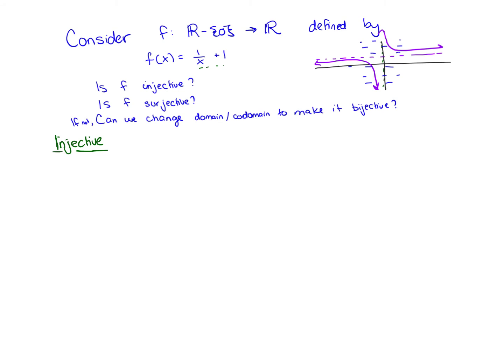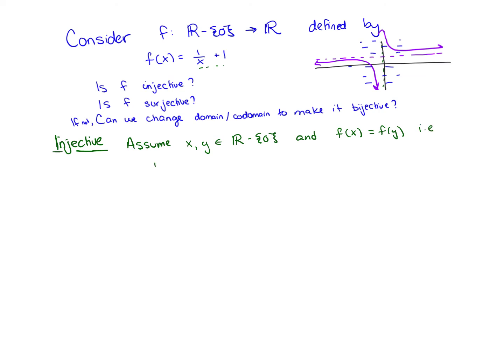So I'm going to use that contrapositive approach. I'm going to assume that some x and some y are in my domain R minus 0, and I'm going to assume that the outputs are the same. So f(x) is equal to f(y).